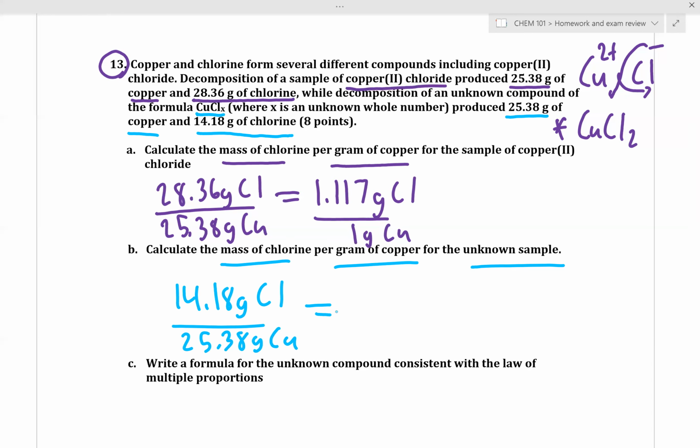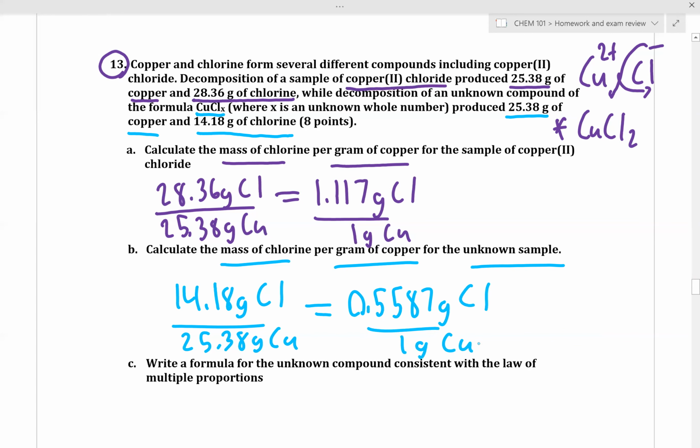So if we look at the ratio of the mass of chlorine, we can figure out the ratio of atoms. So this is another method that is showcased in this problem. So we have 14.18 divided by 25.38, and that gives us 0.5587 grams of chlorine per 1 gram of copper.